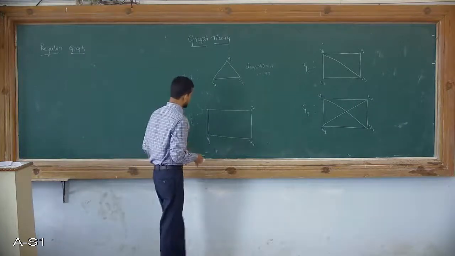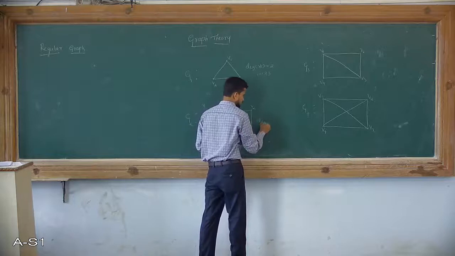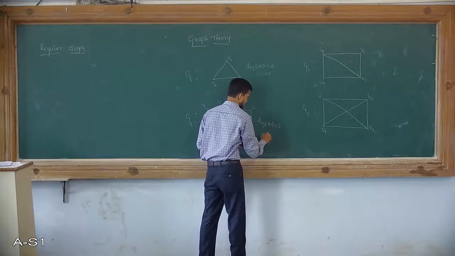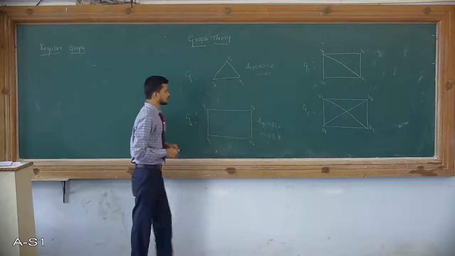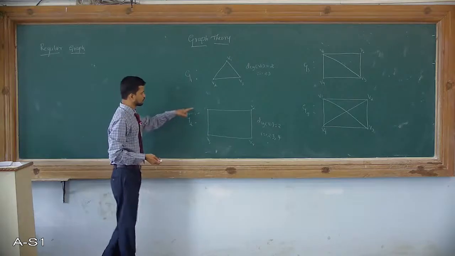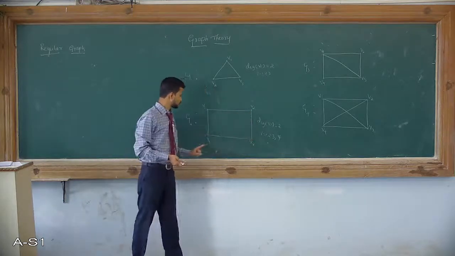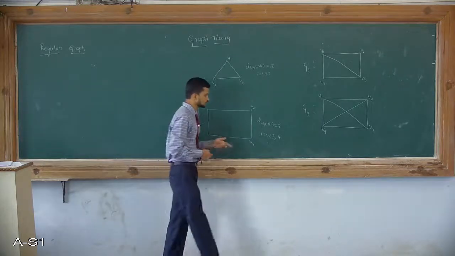If you take graph 2, again the degree of each vertex is 2, where i is equal to 1, 2, 3 and 4. Degree of V1 is equal to 2, degree of V2 is equal to 2, degree of V4 is 2, degree of V3 is 2. So in other words, degree of each vertex is 2 here.